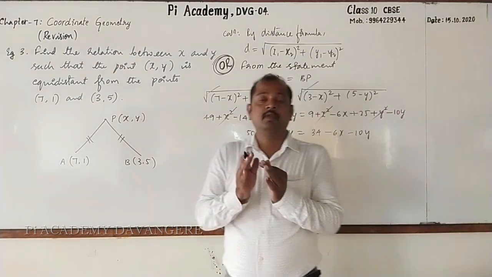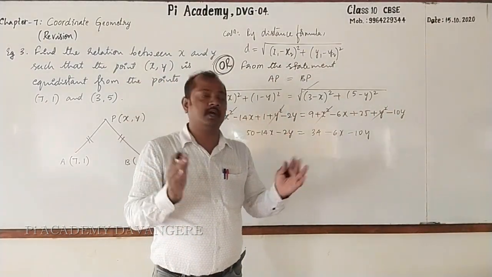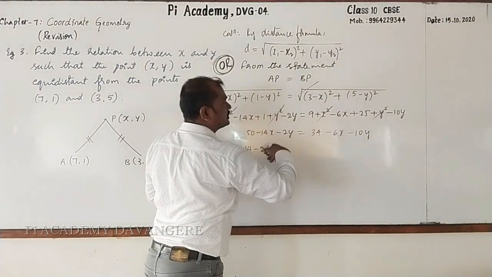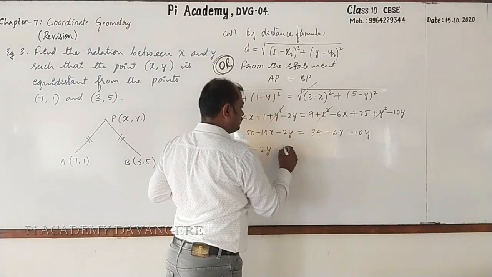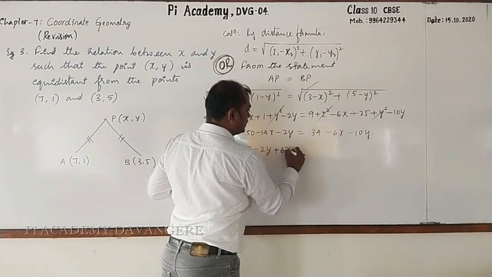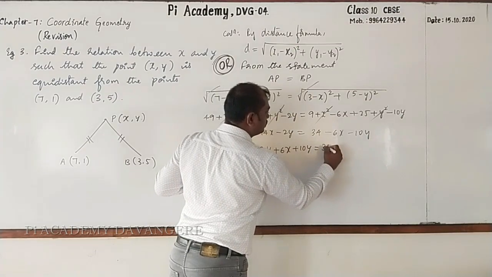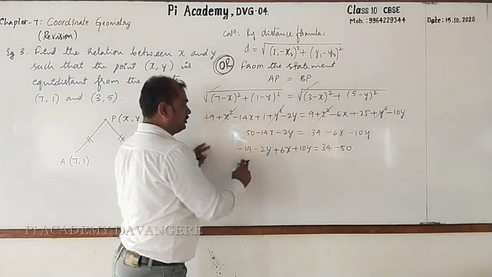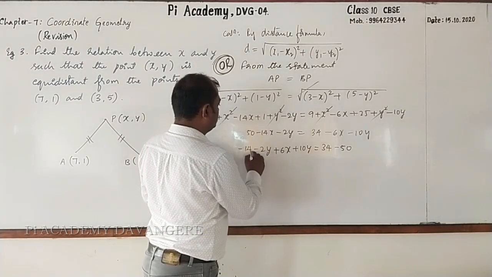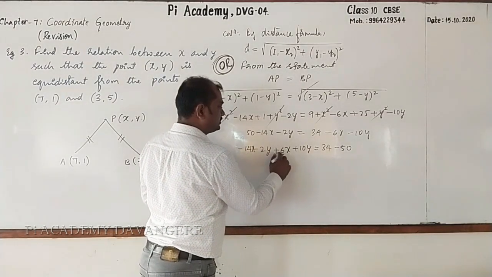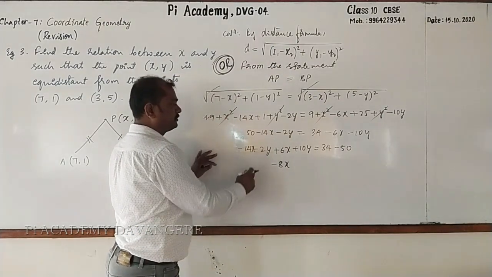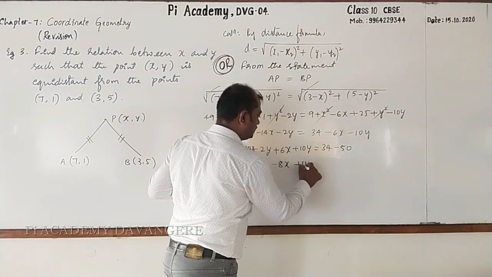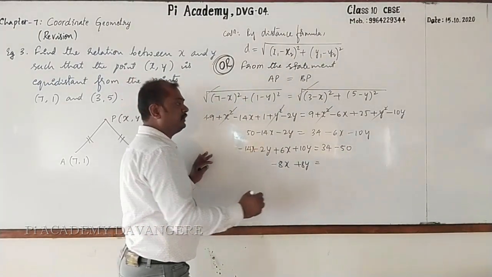Let us separate algebraic terms and constants. Here minus 14x minus 2y as it is. Transfer minus 6x minus 10y to the left hand side: plus 6x plus 10y is equal to 34. Transfer 50 to the right hand side, becomes minus 50. Then it is minus 14x plus 6x, minus 8x, minus 2y plus 10y, plus 8y, is equal to 34 minus 50, minus 16.